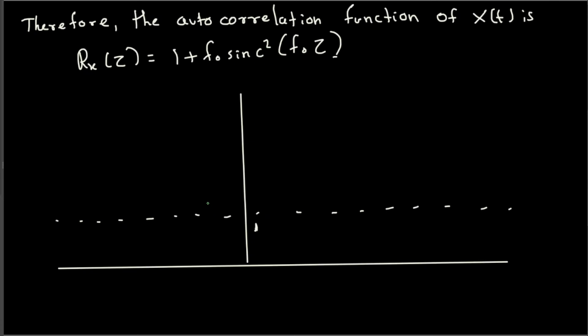The sinc function has a shape like this, going up and down around the origin. Here our origin is shifted 1 unit up, so it will go up and down for the sinc function. But sinc square is only the positive part of it. If it's at 0, it's going to have only the upper part, and since we shifted 1 unit up, it's going to have only the upper part at this location.